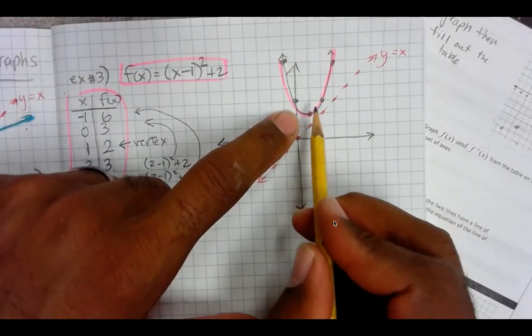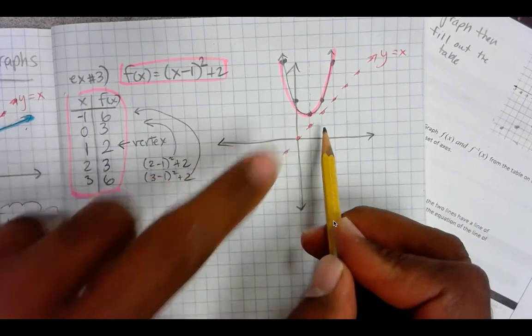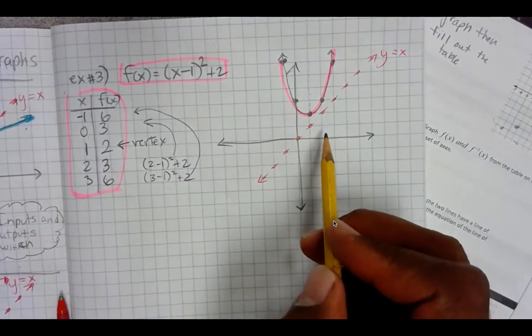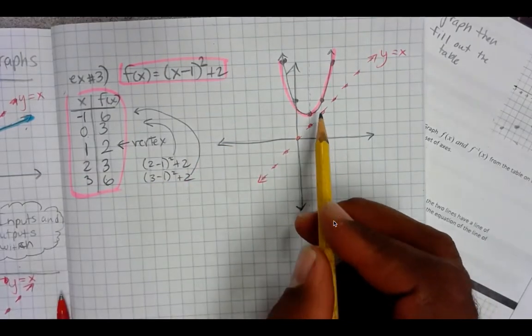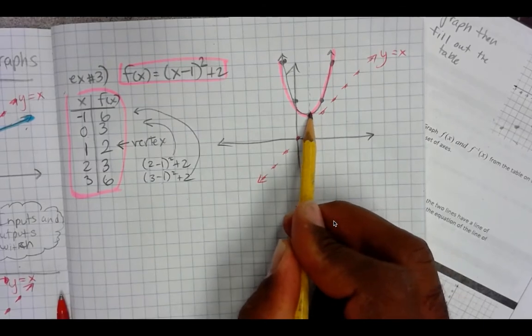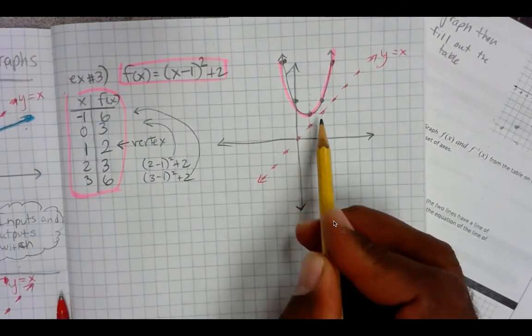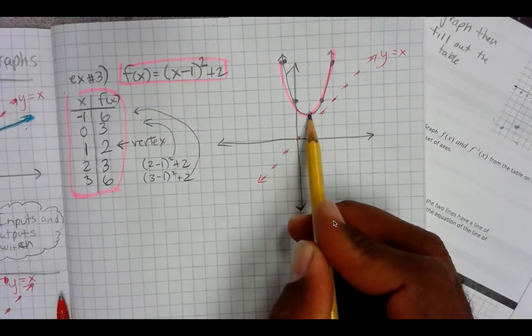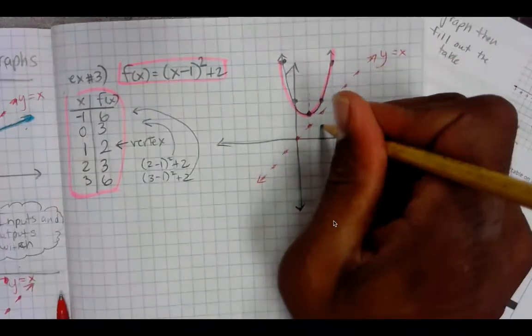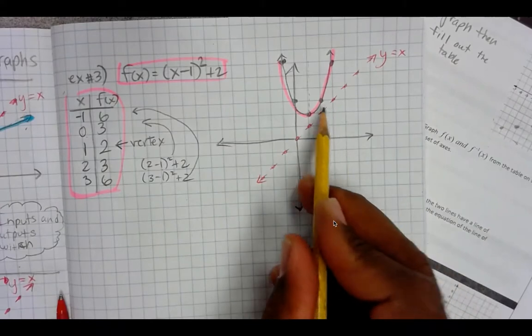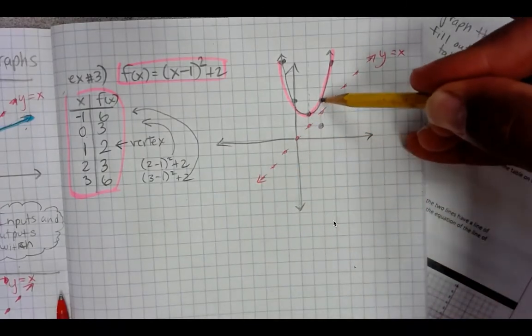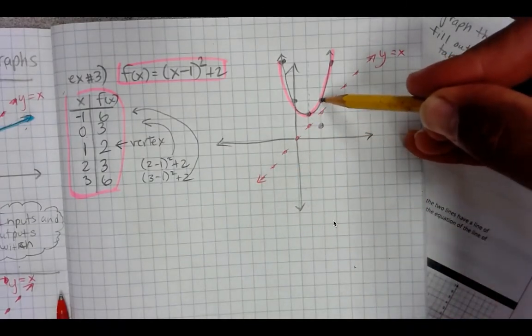So if I'm reflecting the vertex over this line, what is the coordinate of that new point? 2, 1. Because here it's at 1, 2, so it goes to 2, 1. What's another point? Where's this point go? 3, 2.